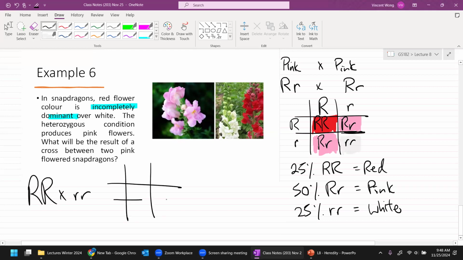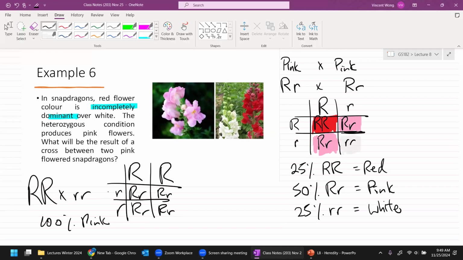If you do that, let's see. 100% pink, right? See, it's counterintuitive. You might think to get more pink, you would start with pink and pink, right? But actually, that would be wrong. If you start with pink and pink, you only get 50% pink. But if you start with red and white, guarantee pink. With me?